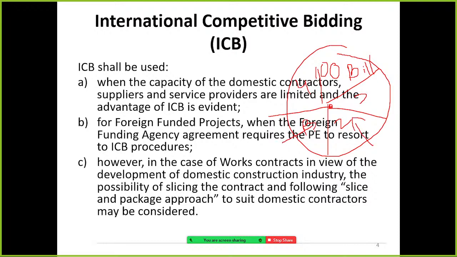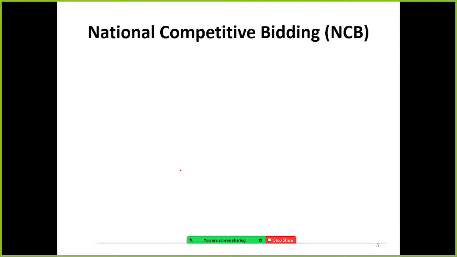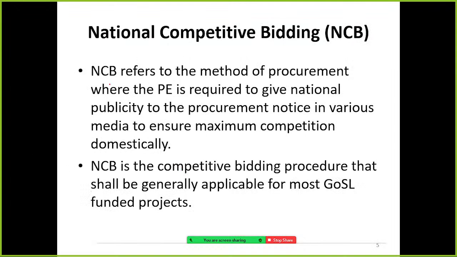Not all at once. Here this one is 20 billion, this is 30 billion, 40 billion, like that. So they make some pieces and they advertise. In these instances, the local contractors may get the opportunity to participate in national competitive bidding. National competitive bidding refers to the method of procurement where the procuring entity is required to give national publicity, right?